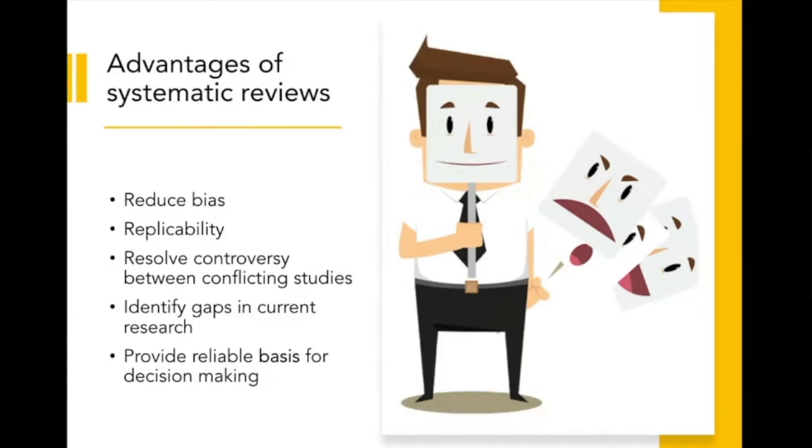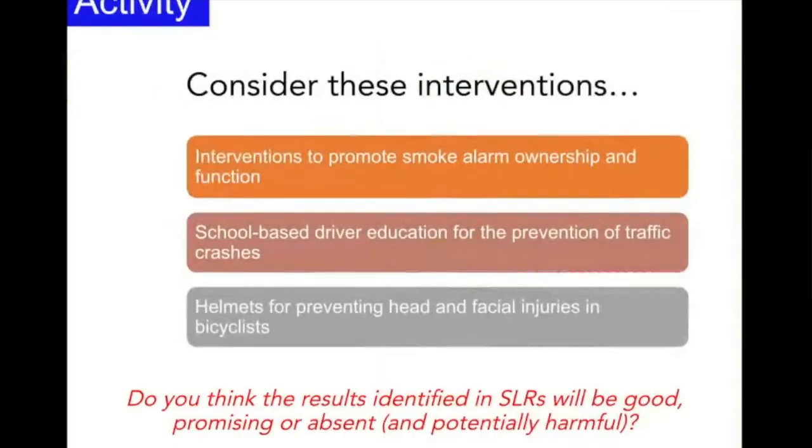Okay, as I said, systematic literature review is very systematic, and the result is very reliable, and it can be used as a source in the decision making process. Okay, another activity. Consider this intervention. The first one, intervention to promote smoke alarm ownership.